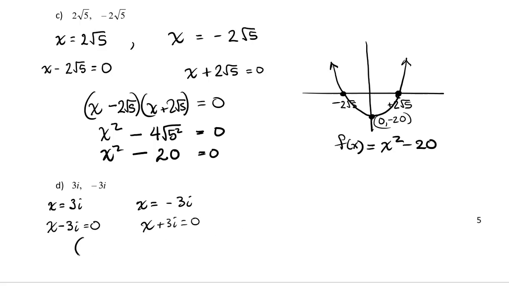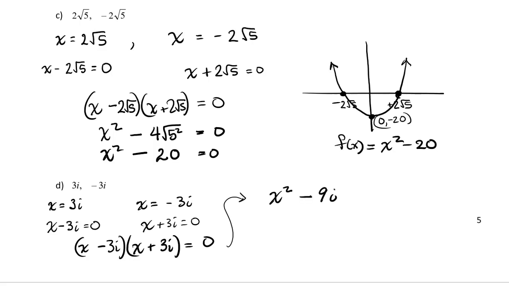Now I'm going to multiply them together, and the product will equal 0. x minus 3i times x plus 3i equals 0. And then when I FOIL them, I'll get x squared plus 3ix minus 3ix adds to 0, and then minus 9i squared equals 0. This gives me x squared plus 9 equals 0, and I have my solution.